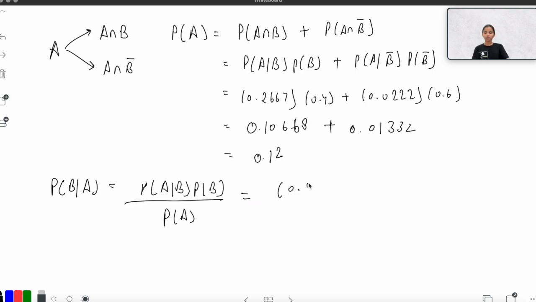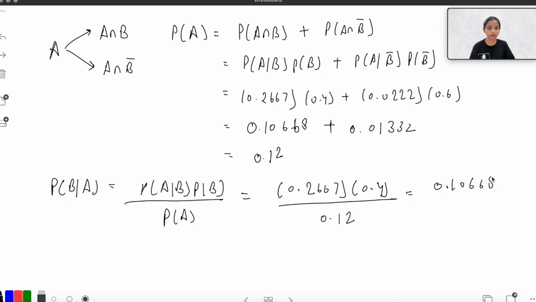So that is 0.2667, which is probability of A given B, probability of B upon probability of A, which is 0.12. And that is coming out to be, let me see. Yeah, if there is a calculation error, just let me know. 0.10668 upon 0.12, that will be 0.889.